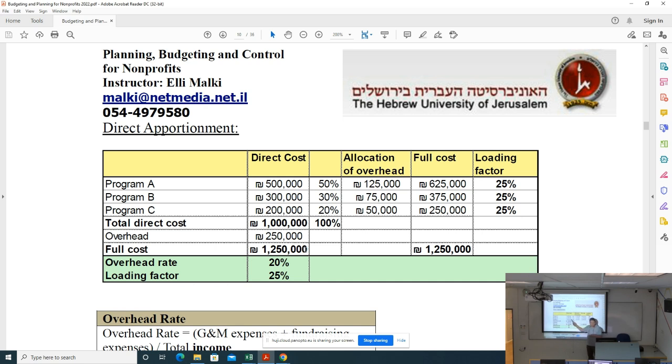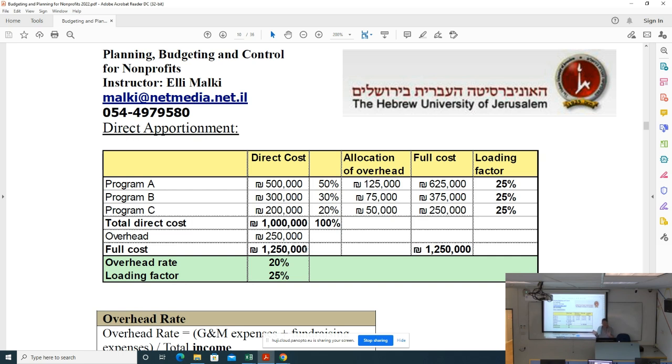Then I go to the second program. The second program is 30%. So I'm going to load on it 30% of the 250, that is 75,000. So that will be the full cost of the program. And then program C, 20%, which is 50,000, and then I have 250,000. Now, that is very important to remember, and you see many times in assignments that students tend to forget that.